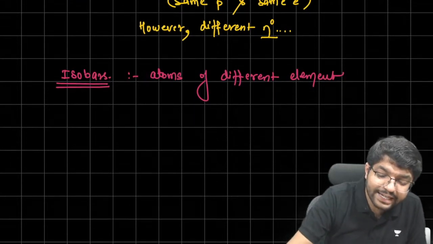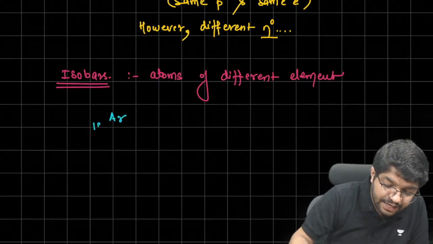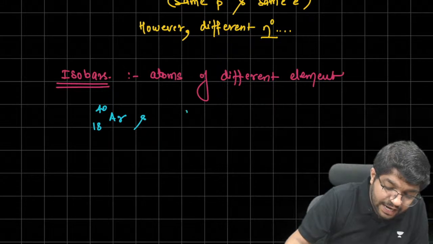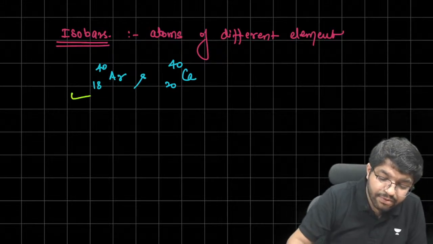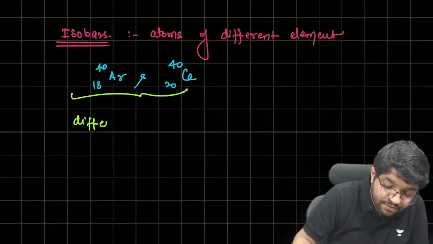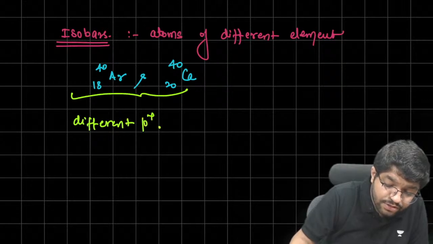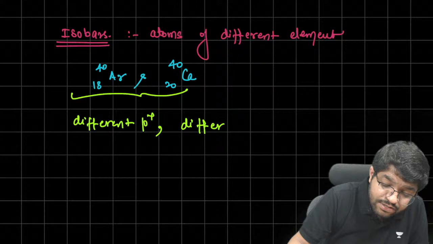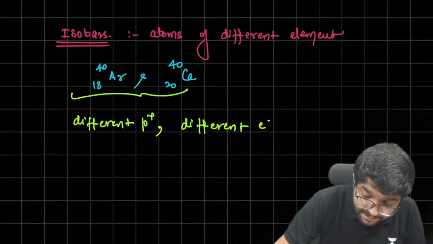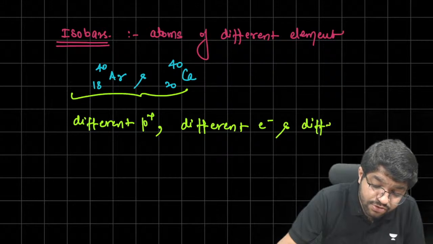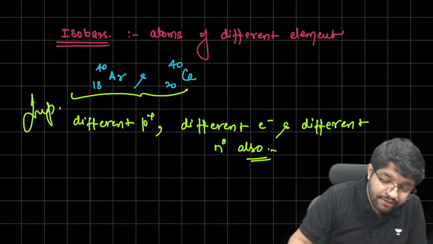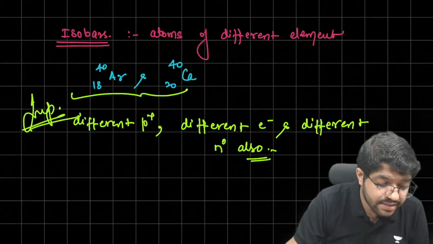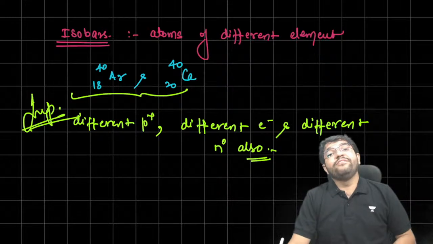For example, if I talk about argon and calcium together, which is argon-40 with atomic number 18 and calcium-40 with atomic number 20, you see here different protons, different electrons, and different neutrons also. Nothing is common when we talk about isobars.